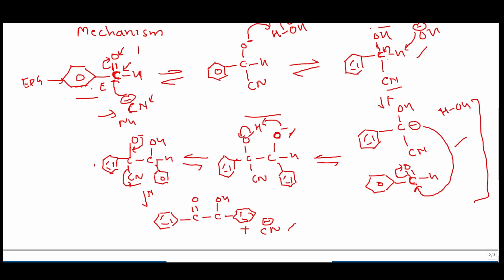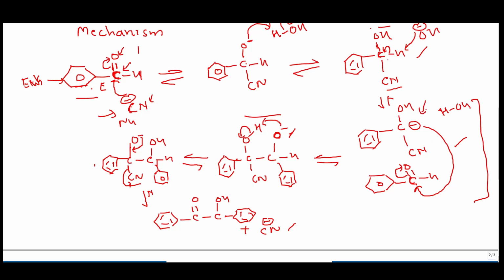If you attach an electron withdrawing group at the para position or ortho position, the electron withdrawing group may make the carbonyl carbon a very good electrophile, a strong electrophile. So, the first step may be facilitated by an electron withdrawing group at the ortho or para position, but as soon as this negative charge is generated, it may not react.